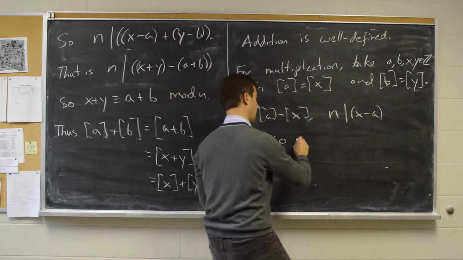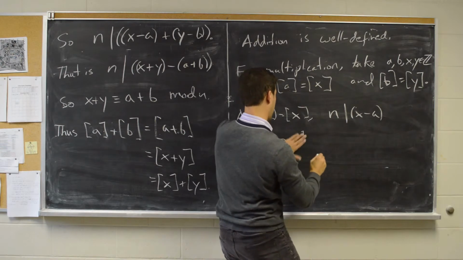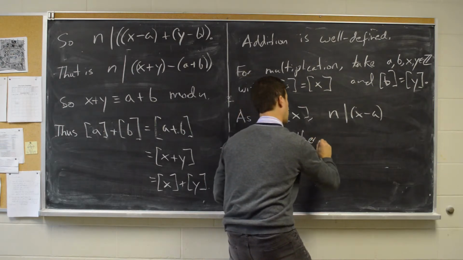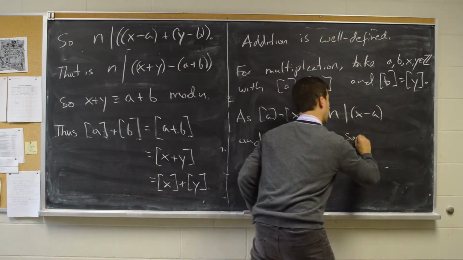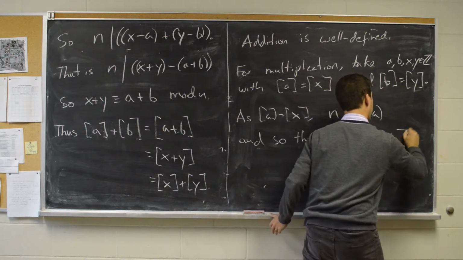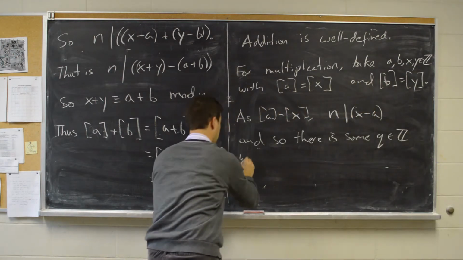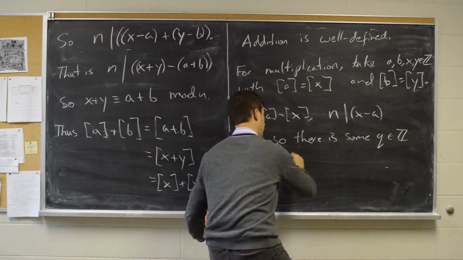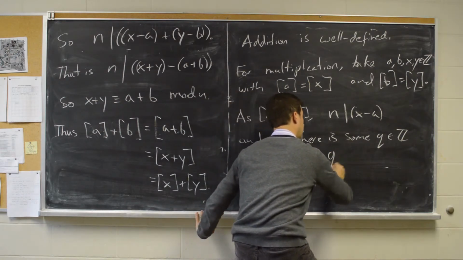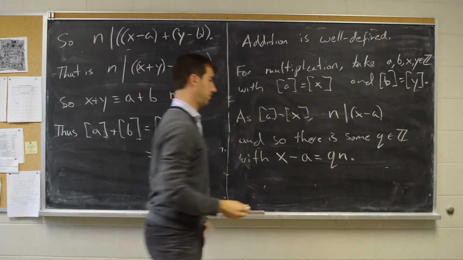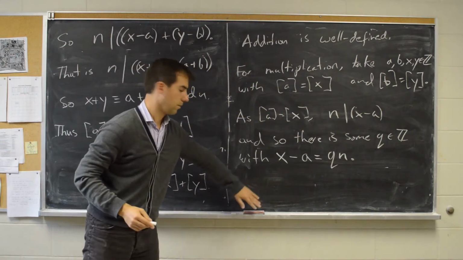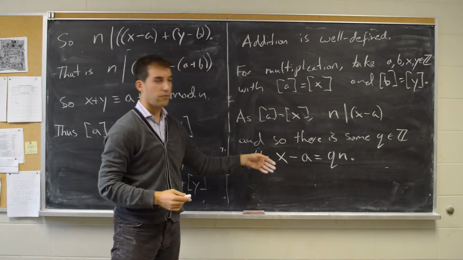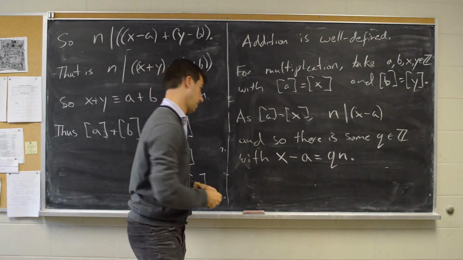And so, there's some integer q with x minus a is equal to q times n.